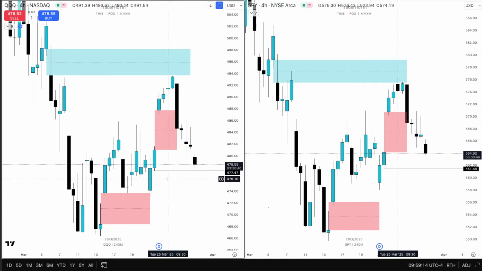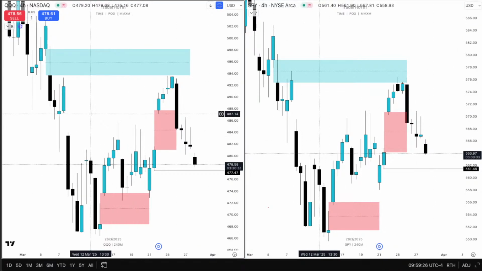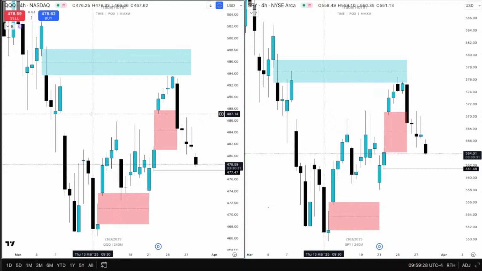If you're trading NQ or ES, it's best to have the QQQ chart and the SPY chart up next to your futures chart. This is the stock chart for the futures market. But because it only trades in the New York session, you don't have the London session price action and the Asia session price action, right?